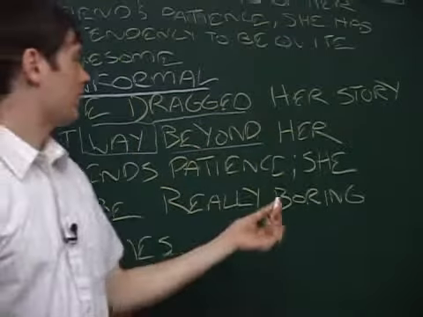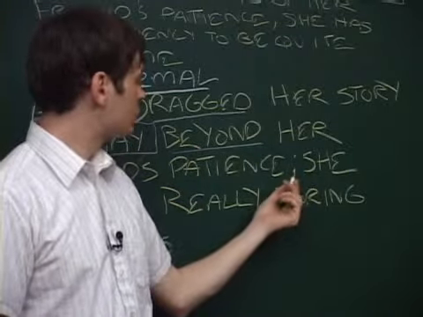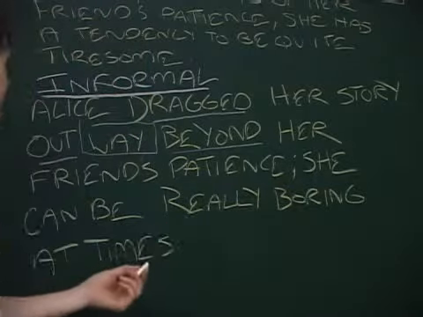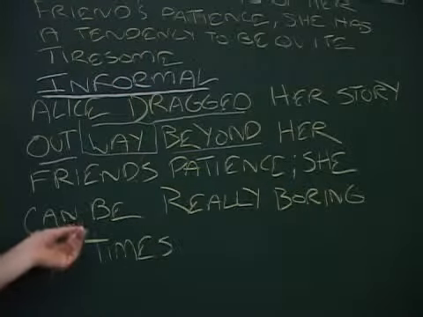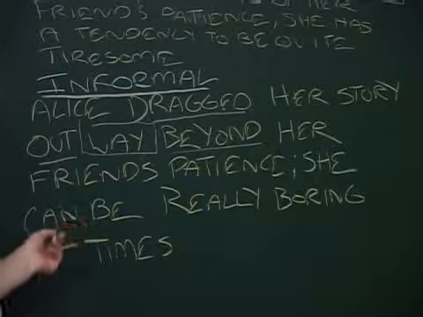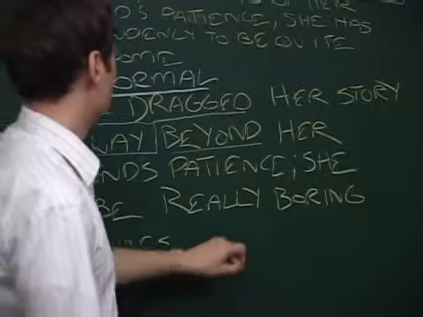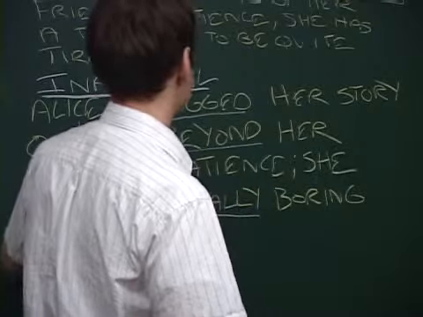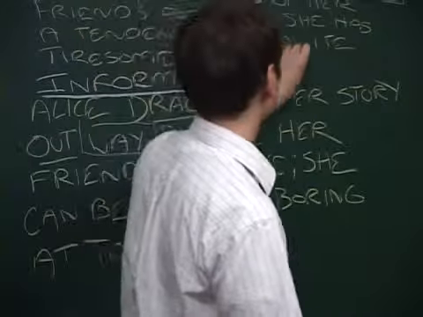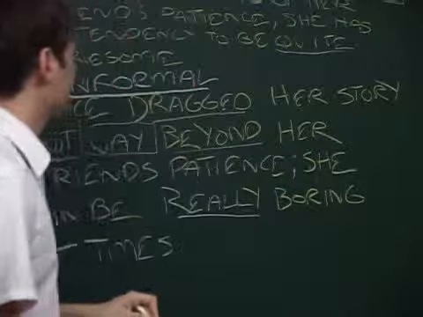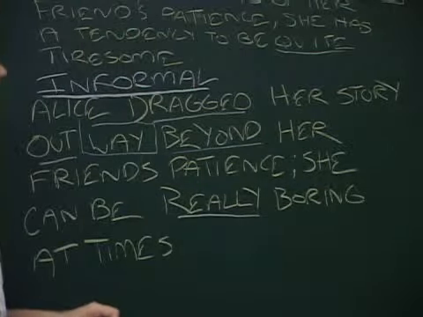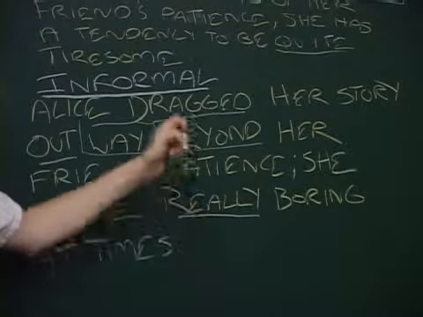Now, you notice the grammar stays the same. There's no major changes with grammar. I use a bit more of a casual method down here. She can be, and then I use really rather than quite. I think really is a little bit more informal than quite.